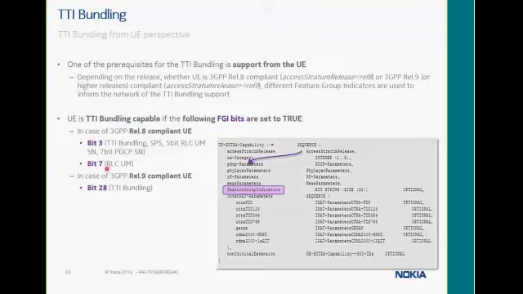It can also support unacknowledged mode in the RLC, so bits 3 and 7 have to be set, and it has to support the TTI bundling, which is a release 9 compliant UE. So not every UE gets to use this functionality.